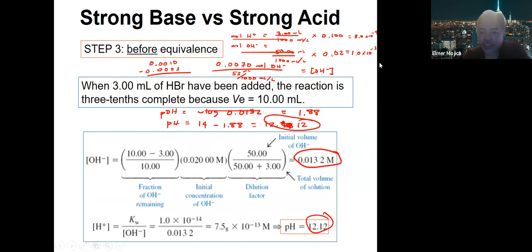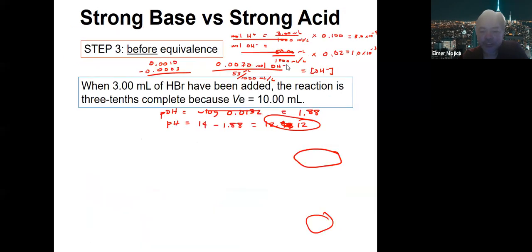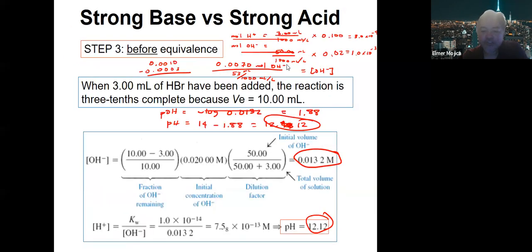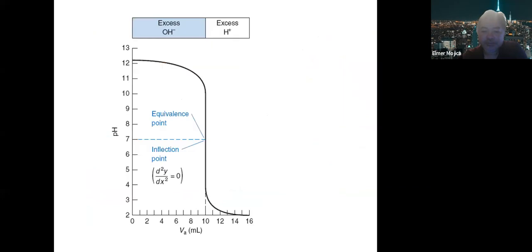So at the beginning we have 12.30, and then 12.12. So 12.30 here. And then when 3 ml was added, that's around here, that's 12.12.